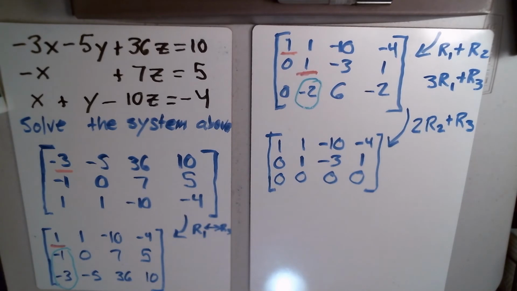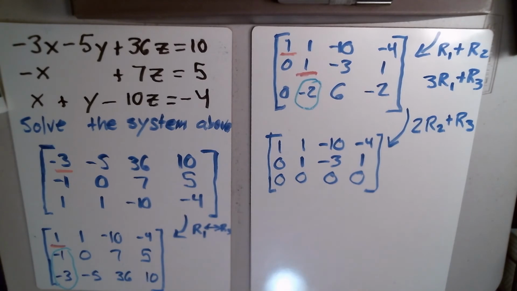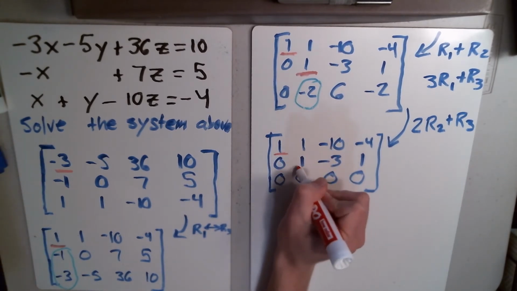Okay, so you'll notice here that we have got this row of zeros down here, right? And so we realize now my leading terms are here and here.